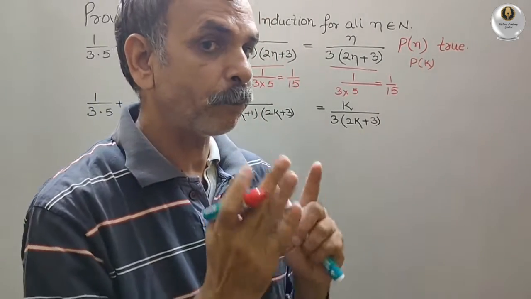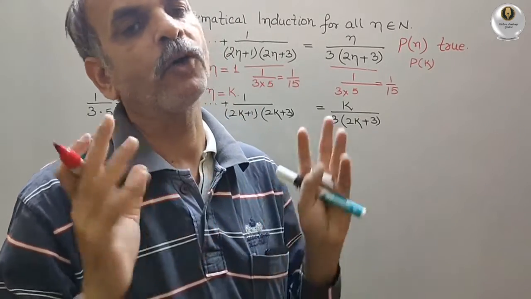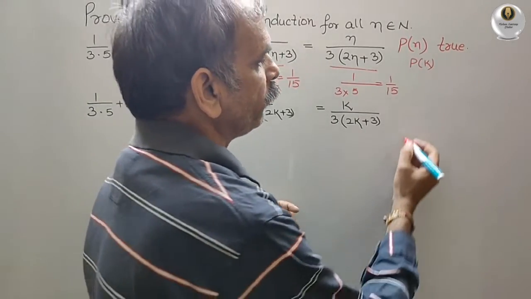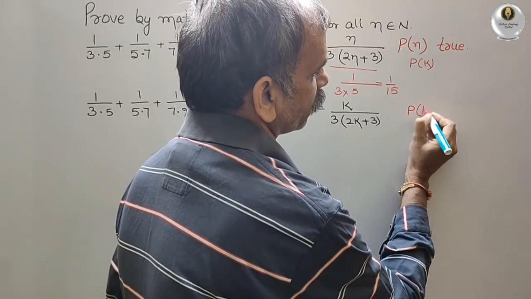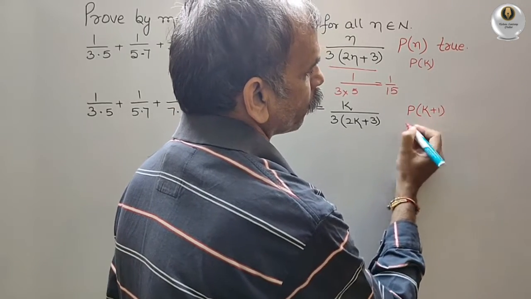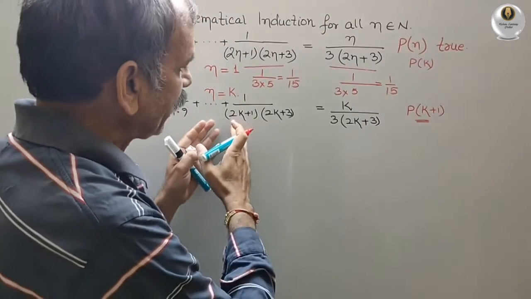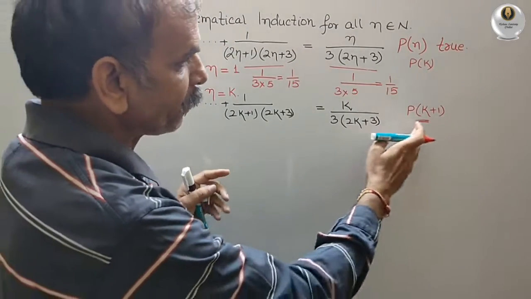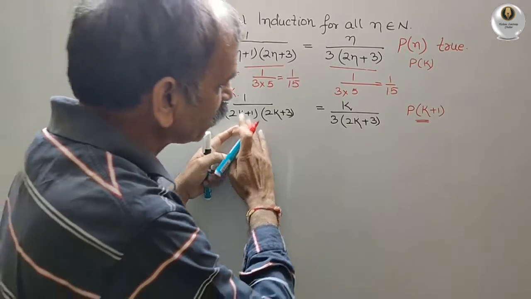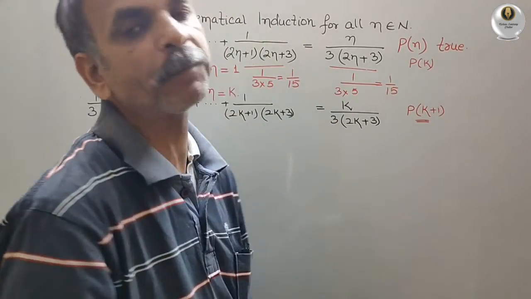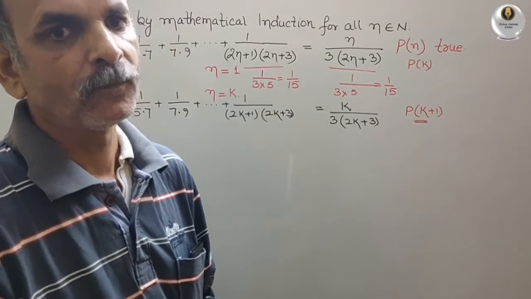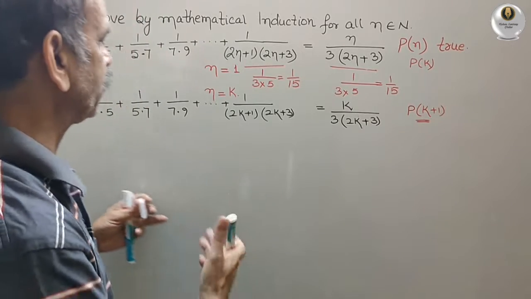Now we will check whether Pk plus 1 is true or false. So we will take Pk plus 1. By adding, this is the step: Pk plus 1 means this is up to k, that means in front of this you have to add the (k plus 1)th term. So your equation again will get changed.